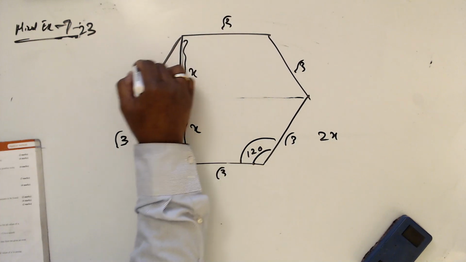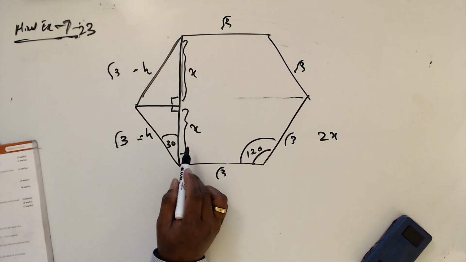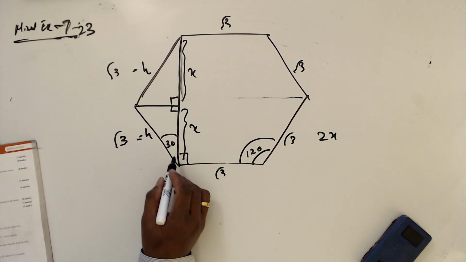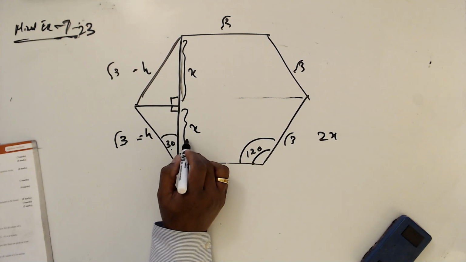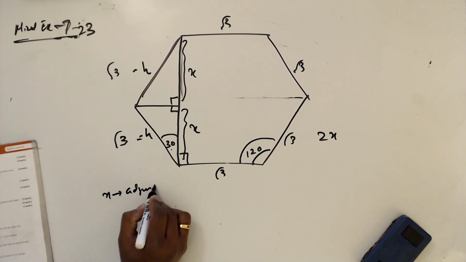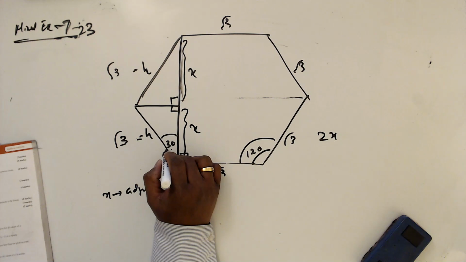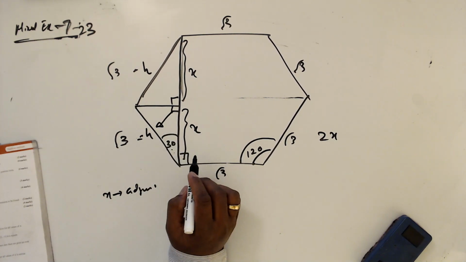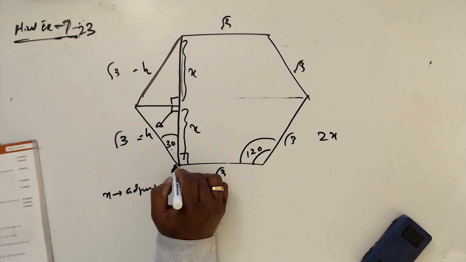Now I am going to write an equation. When I stand here, I can see x is adjacent. x is adjacent, and the other side next to 30 is the hypotenuse.